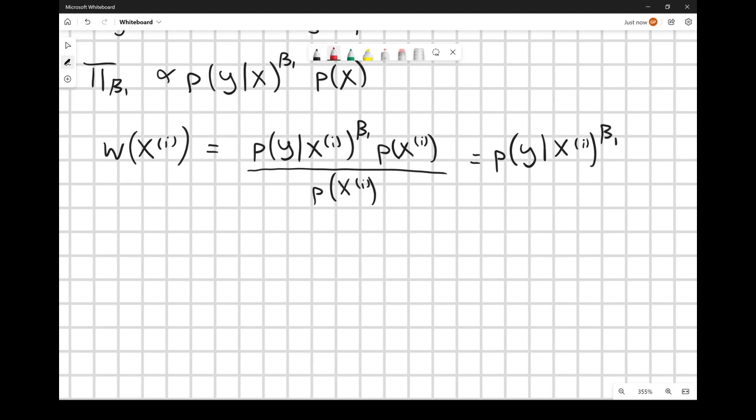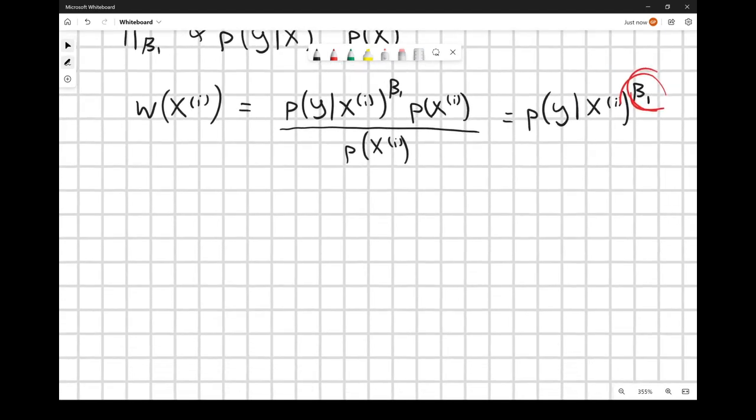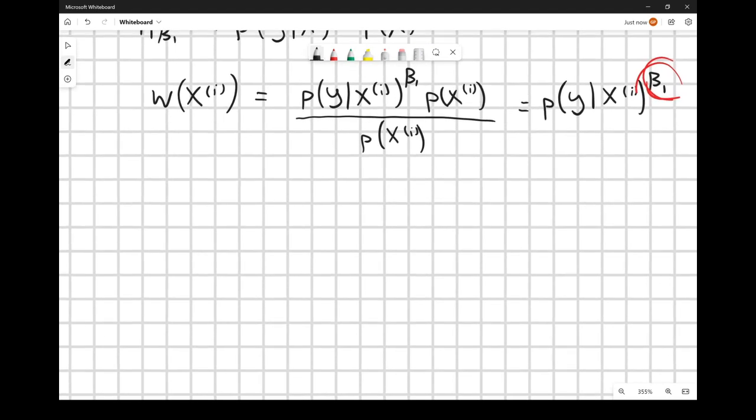So what we want to do next is choose a kind of automatic or adaptive strategy to choose what our best beta 1 should be. With importance sampling, we have a number called the effective sample size, which helps us judge how well our proposal is generating samples that are representative of the target.